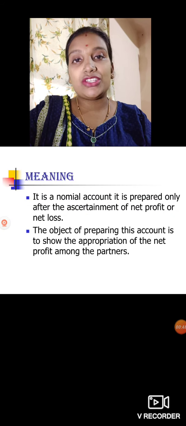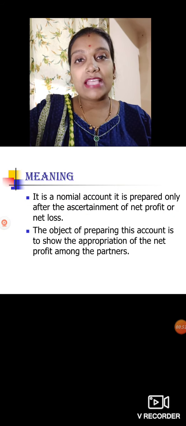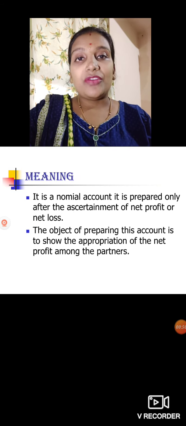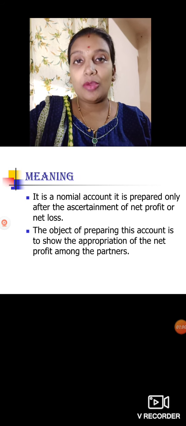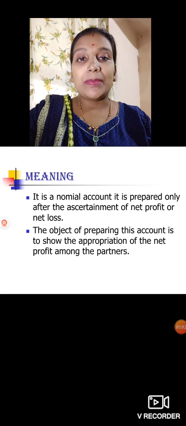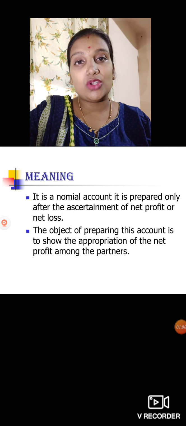Then let us know about profit and loss appropriation account, what it is. It is a nominal account. As we consider profit and loss account a nominal account, profit and loss appropriation account is also considered one of the nominal accounts. It is prepared only after ascertainment of net profit or net loss.